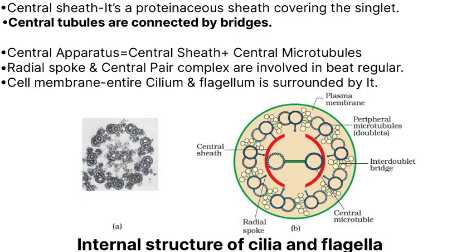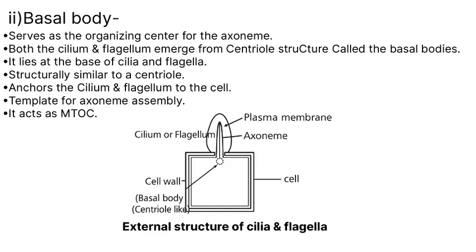Now we'll move to the centrioles and the basal bodies. The basal body is at the base of the structure of cilia and flagella, which serves as the foundation and acts as a gate for the entering of proteins into the structure of cilia and flagella.